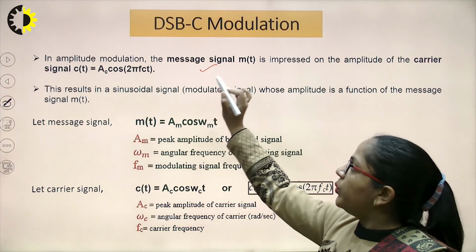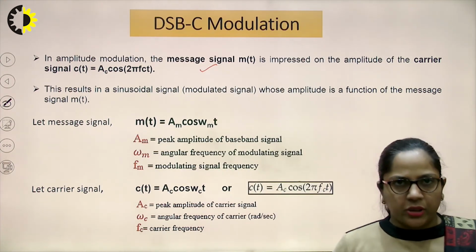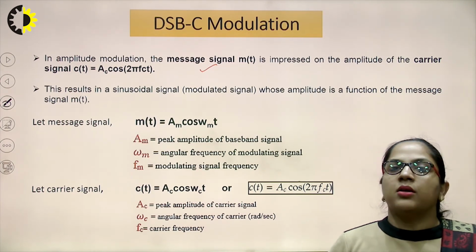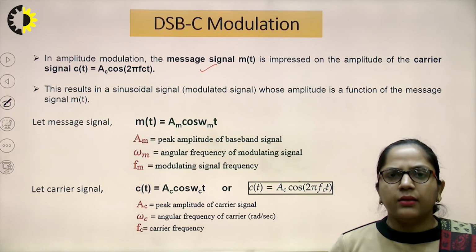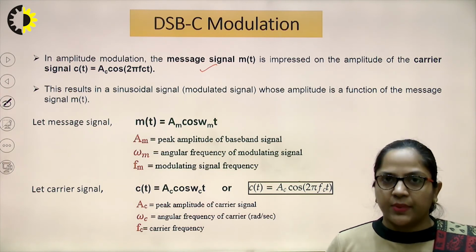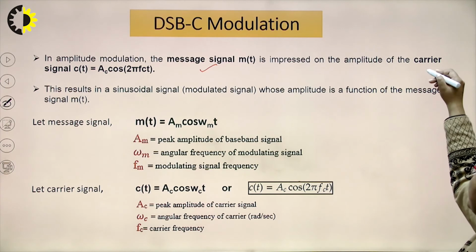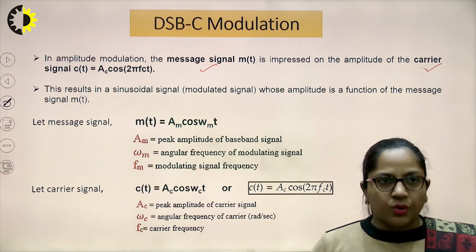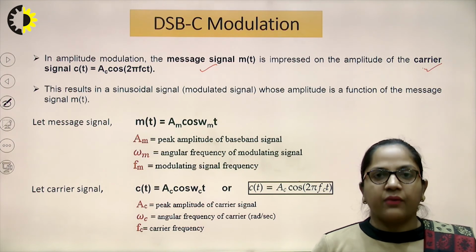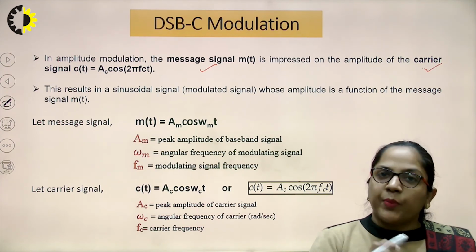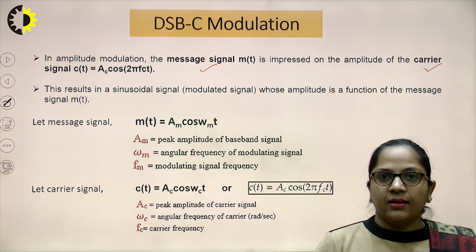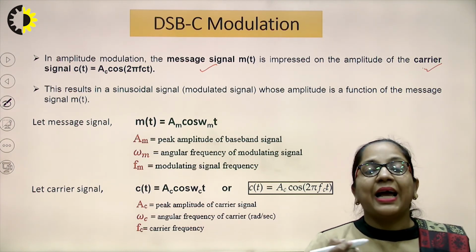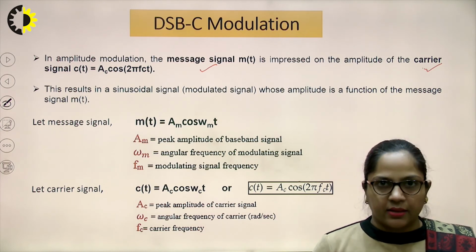In amplitude modulation, or in any kind of modulation, we will have an information signal, that is a message signal, a low frequency signal, also called a baseband signal, and we will have a carrier signal. In amplitude modulation, the message signal is required to be impressed on the amplitude of the carrier signal.